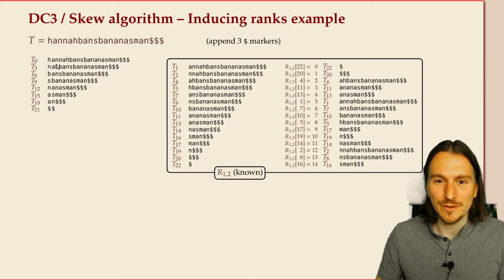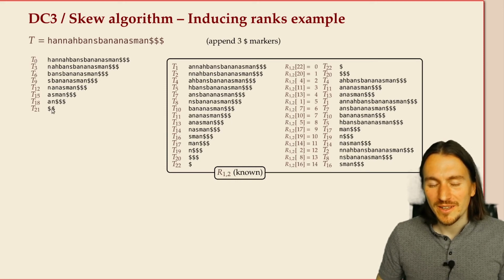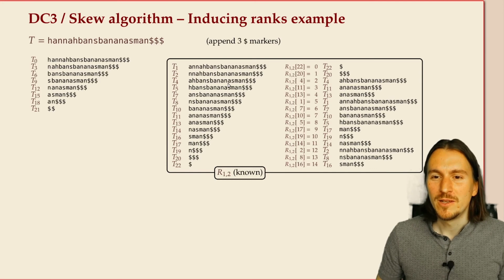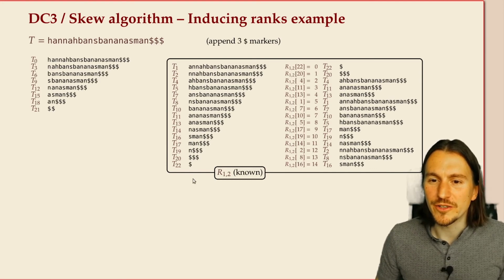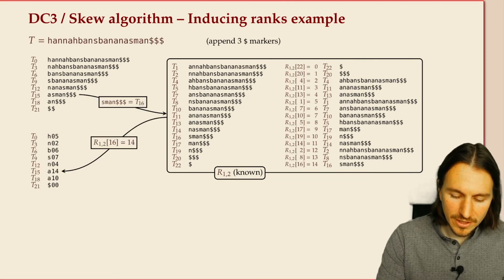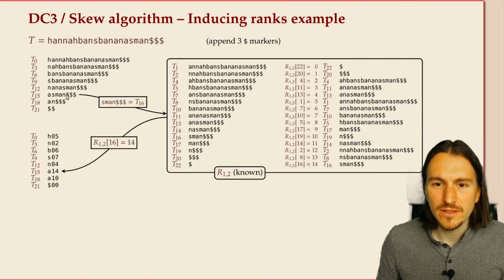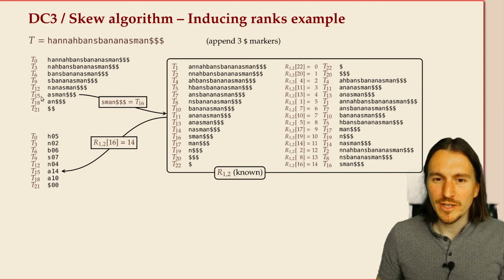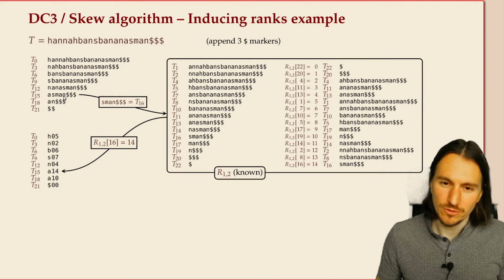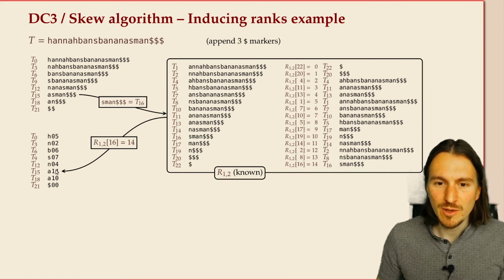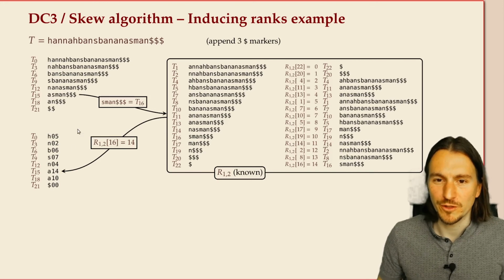So this is the list of suffixes that we now have, and we want to sort them lexicographically. We recursively found, for all the other suffixes, those that don't start at a multiple of 3, the sorted order. In particular, we know this R12, the rank array. Now, suppose we take this T15. We will transform this string, which is too long to sort efficiently, into something short that we do know how to sort efficiently.